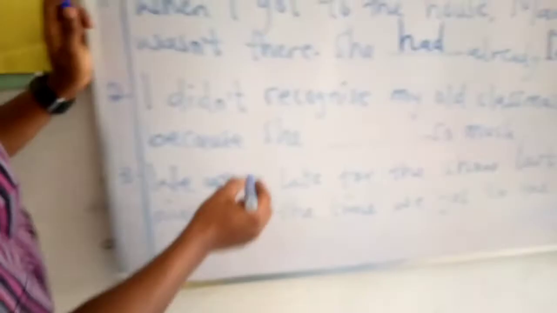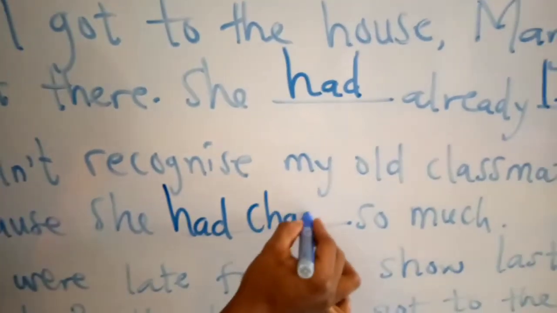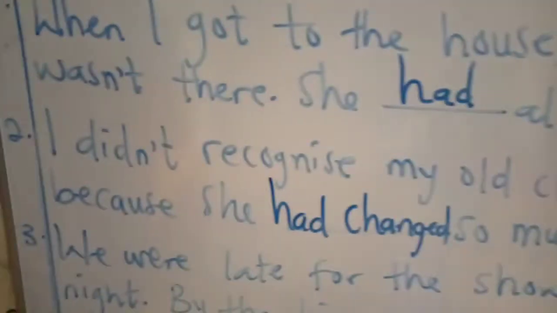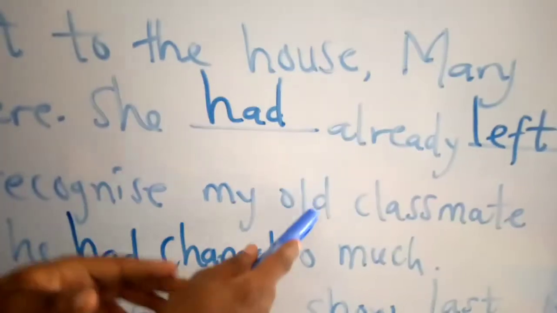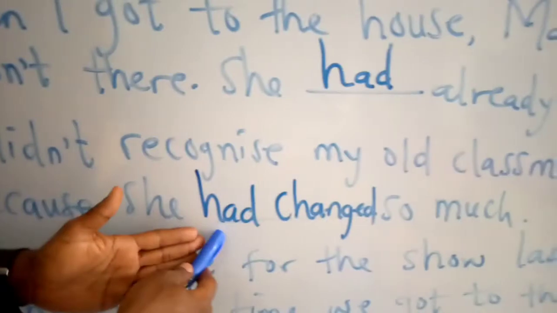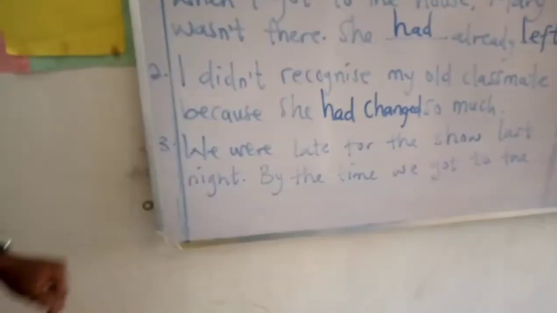So change now becomes she had changed so much. Now let's take the sentence. I didn't recognize my old classmate because she had changed so much. Can you see that? Fantastic.